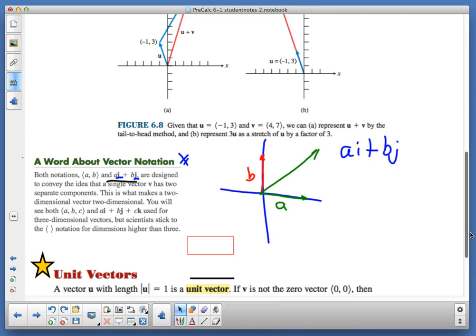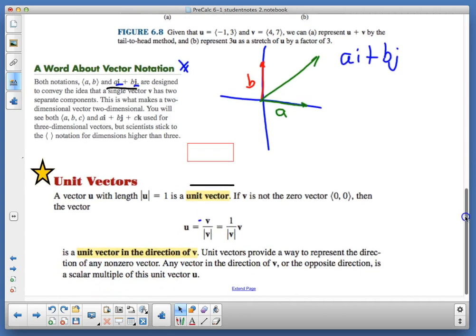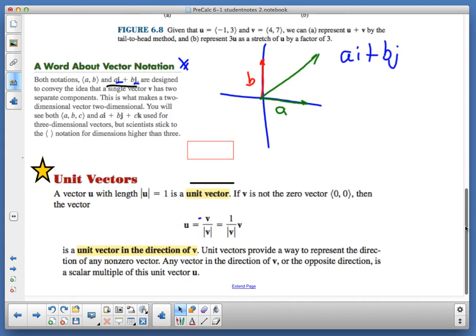Now, when we're talking about unit vectors, because we've done the unit circle, which is a circle with radius 1, I can get unit vectors back to being a 1 value. So we find out what multiplier we will multiply our vector by to make it a unit vector, and that multiplier comes from our magnitude.